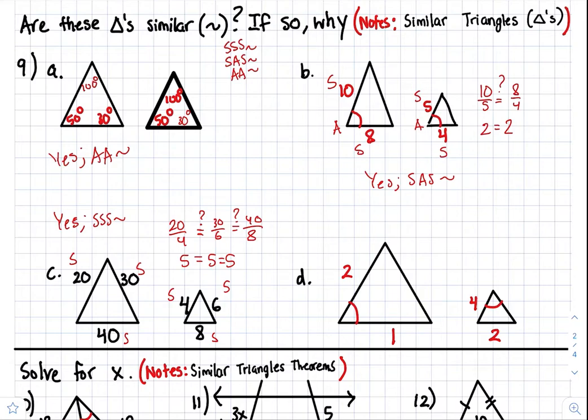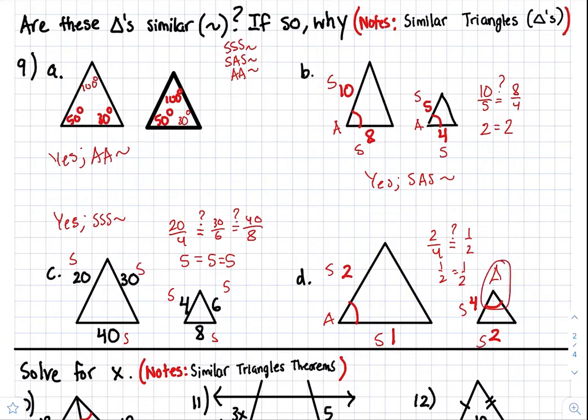Okay, part D. Now, 2 over 4, does that equal 1 over 2? 1/2 certainly equals 1/2, so we know the sides are proportional. But take a look, you guys. This angle is congruent to that angle, right? So this is something you guys should notice.